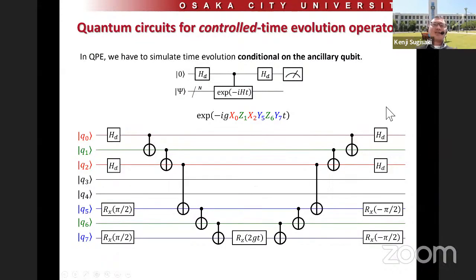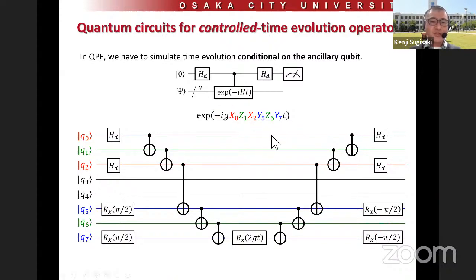But in the quantum phase estimation, we have to simulate the control time evolution operator. So we have to generate the time evolution quantum circuit corresponding to control time evolution operators, like this. And this is an example of the quantum circuit corresponding to time evolution operators.